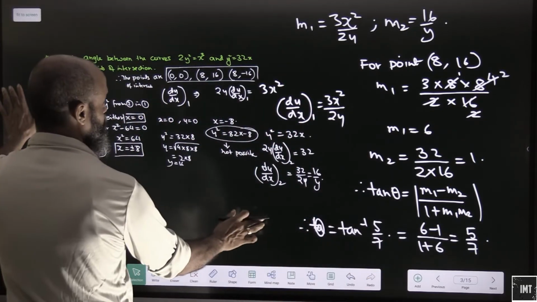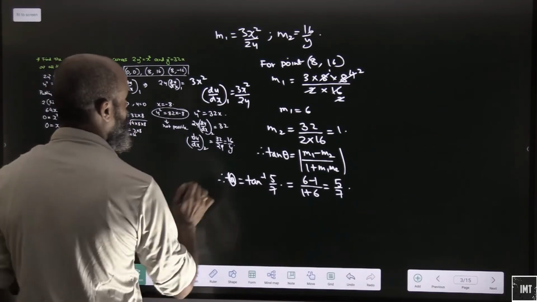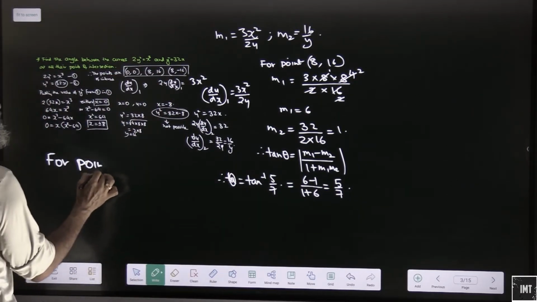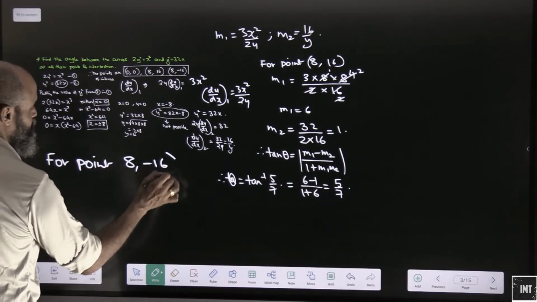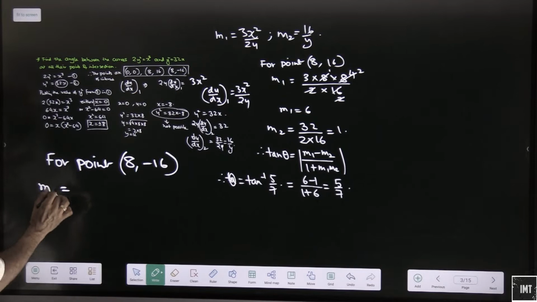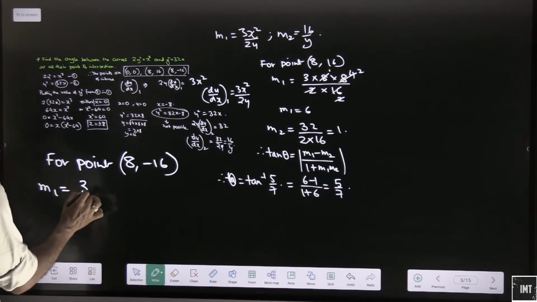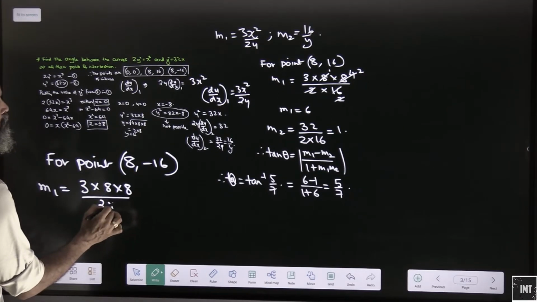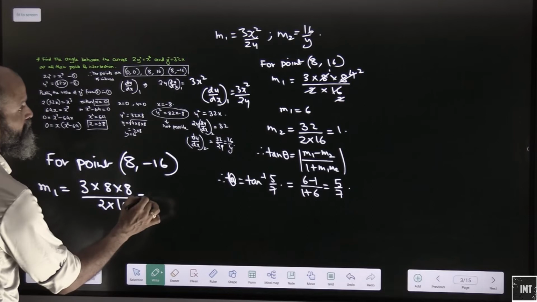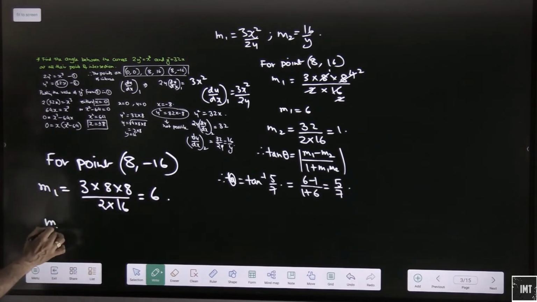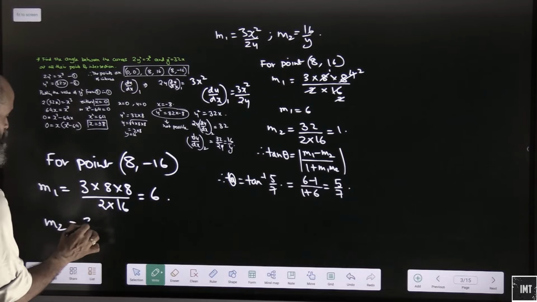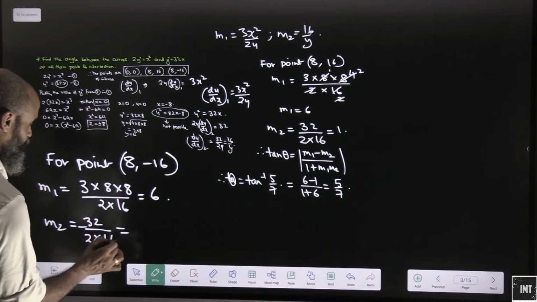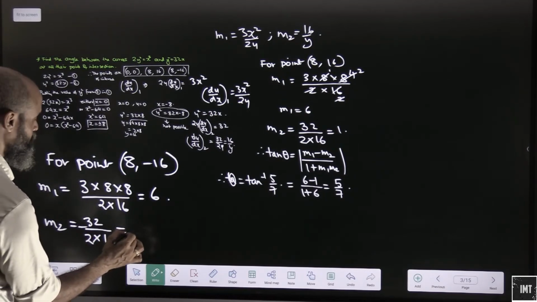Now let's take the other point, (8, -16). What do we have here? m1 will be equal to 3 into 8 into 8 upon the same 2 into 16, so that's going to be the same, that is 6. For m2 here it will be different, that is 32 upon 2 into 16, which will be minus, so this is going to be minus 1.